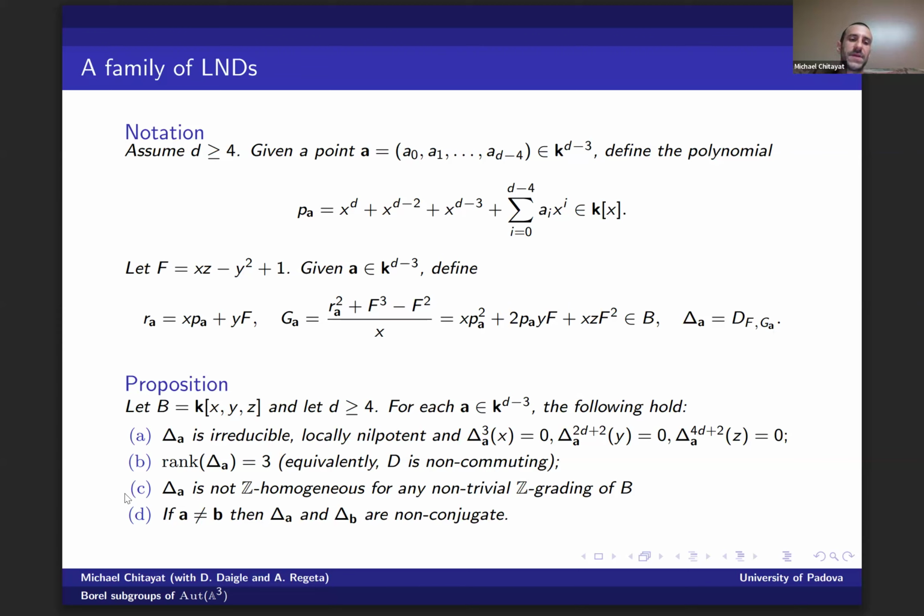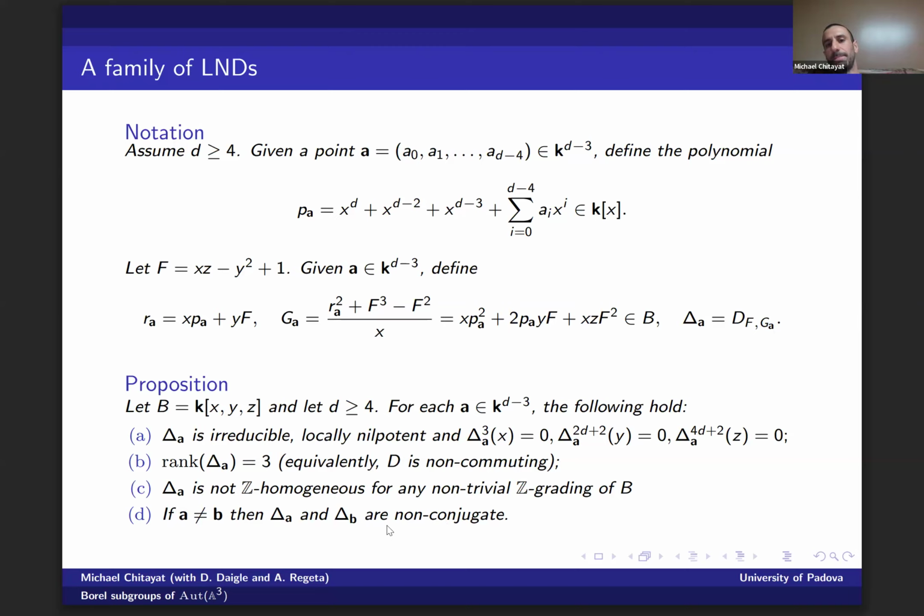Item C is basically an application of the previous slide where you use these properties of homogeneous LNDs of rank 3 to show that delta A can't be homogeneous. And then you can argue that if A and B are different, then delta A and delta B are non-conjugate.